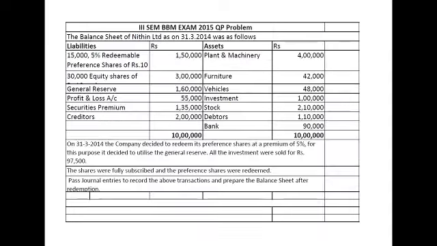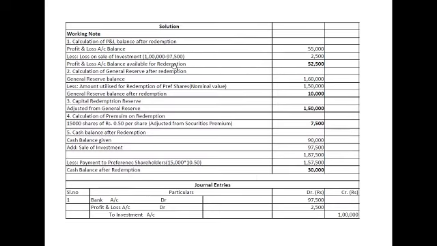So 1,50,000 only is adjusted with the general reserve, means 15,000 into 10 rupees per share. Nominal value only we have to take. So now if you adjust 1,50,000 with 1,60,000, the balance remaining in the general reserve account is 10,000.